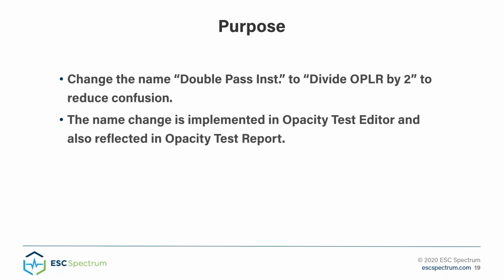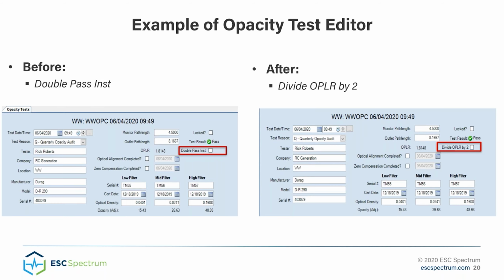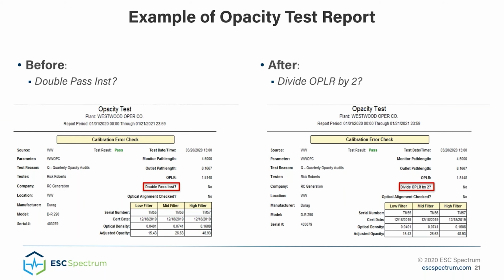The name change is in both the opacity test editor and in the opacity test report. Here you can see an example of the opacity test editor before and after the name change. And here's an example of the opacity test report before and after the change.